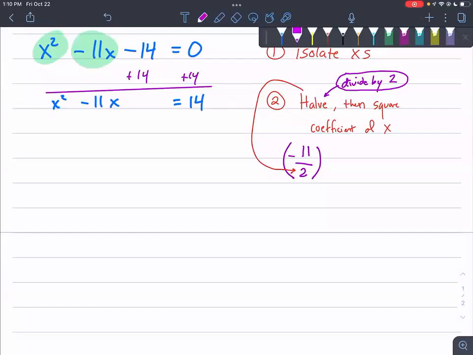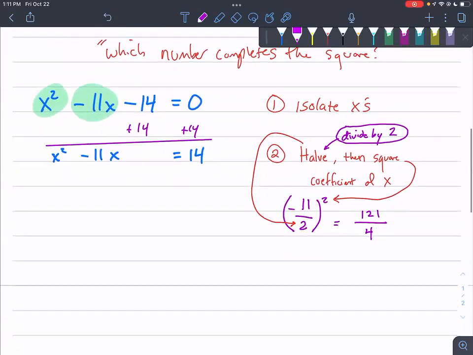Then we want to square it. Halve it, then square it. Anybody know negative 11 squared? 121. And then what would be on bottom there? 4. 2 squared, 4. Okay. So the top number squared, bottom number squared, we get 121 over 4.